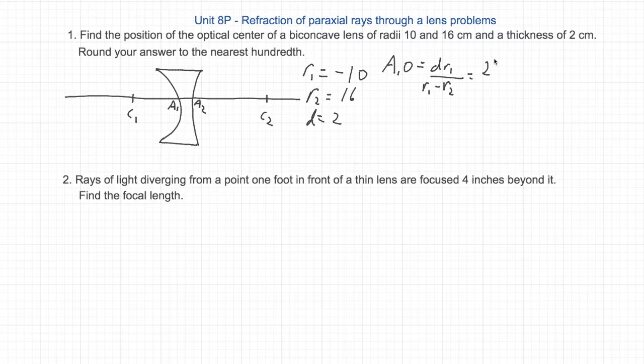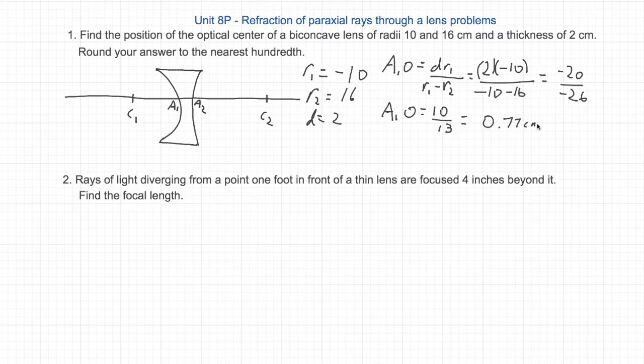So we plug into our formula, and we get that the distance from the first vertex to the optical center is 0.77 centimeters. And being a positive number, it means it's to the right of the first surface.